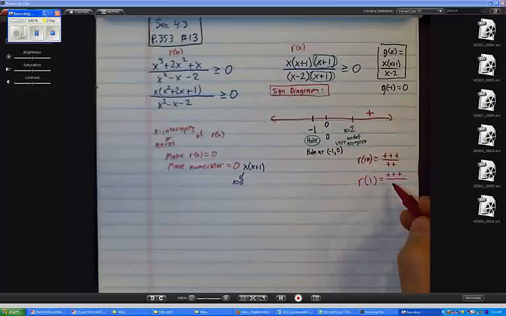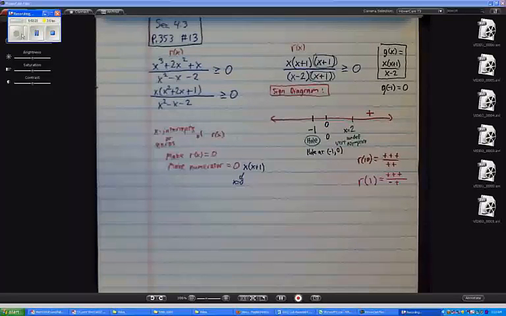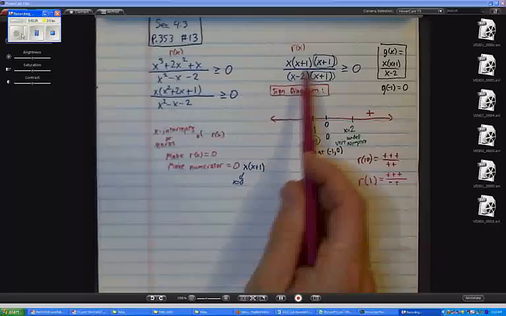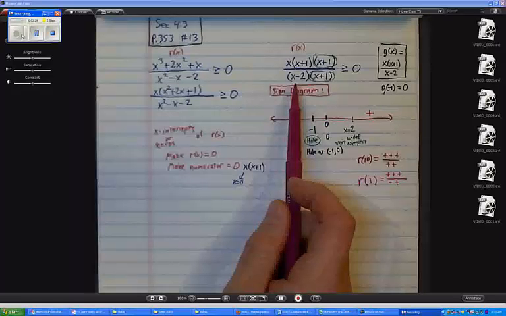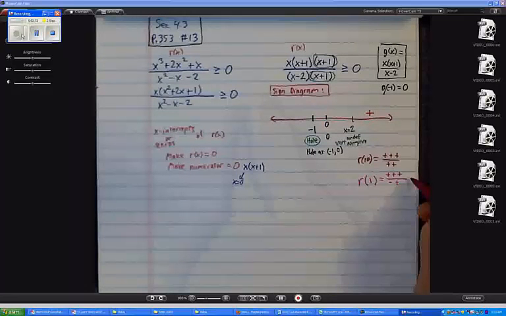Negative times positive. I'm looking at the 5 factors up here. The only one that's going to be negative is when you put a 1 in there. 1 minus 2 is negative 1. So altogether, r of 1 is what? Negative. This one was positive. So right here, this interval, we're going to be negative.